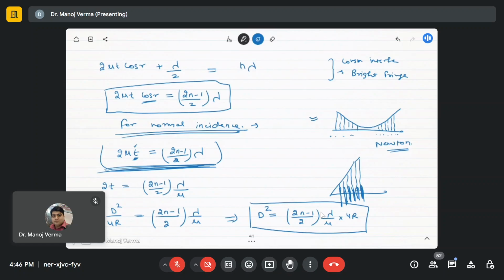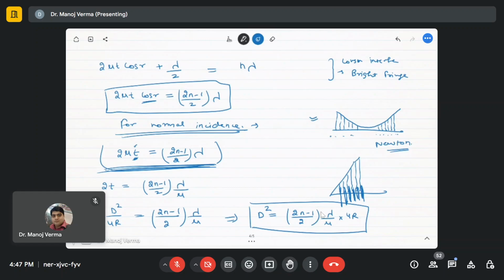If you start inserting values of n equal to 0, 1, 2, 3, 4 here, this relation will start giving you the diameter of the first bright, second bright, third bright fringe. So this d is the diameter which you will obtain on the interference spectrum of the bright fringes, in case of bright fringes. Right?